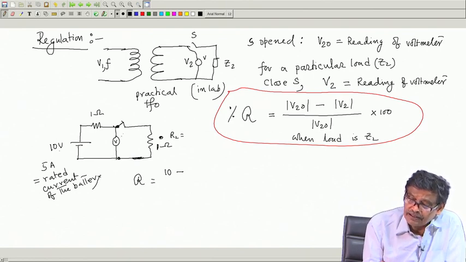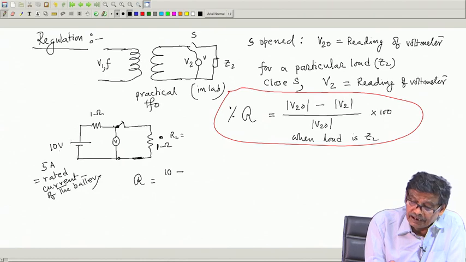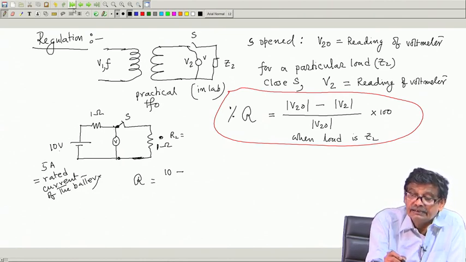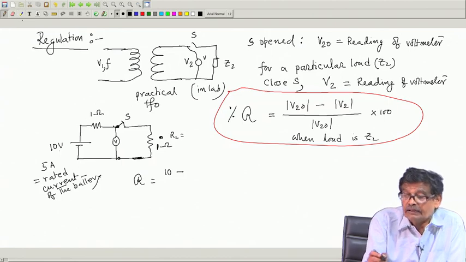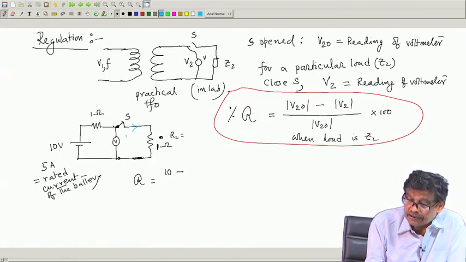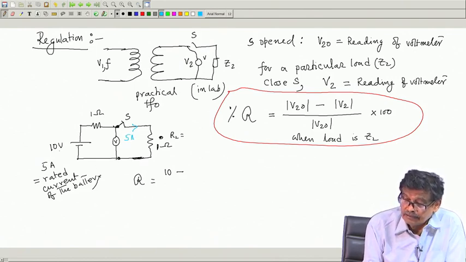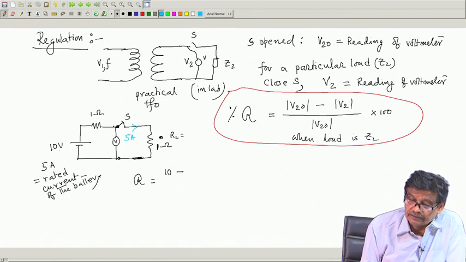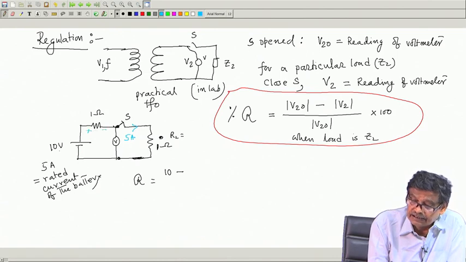1 ohm. So, when the battery supplies rated current with S closed, the current in the circuit will be how much? 5 ampere. And what will be your output voltage? 10 minus this drop, that is another 5 volt here.